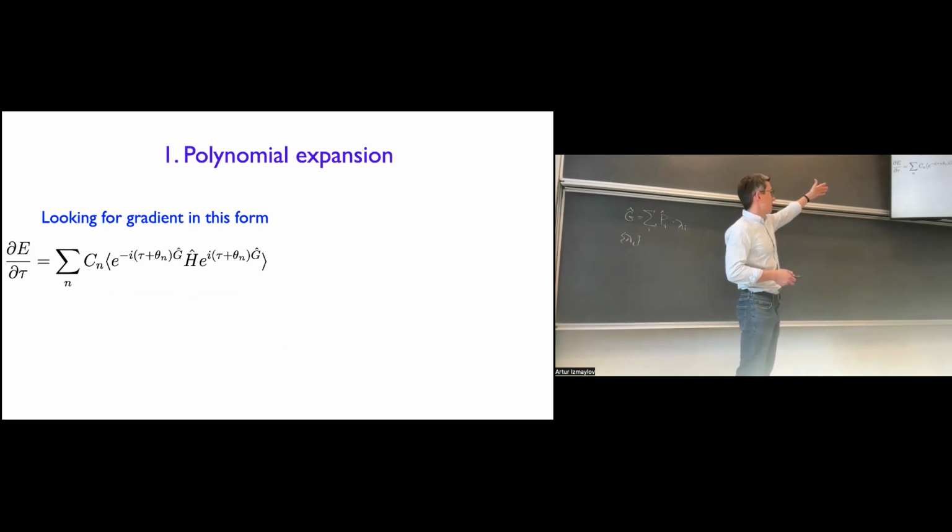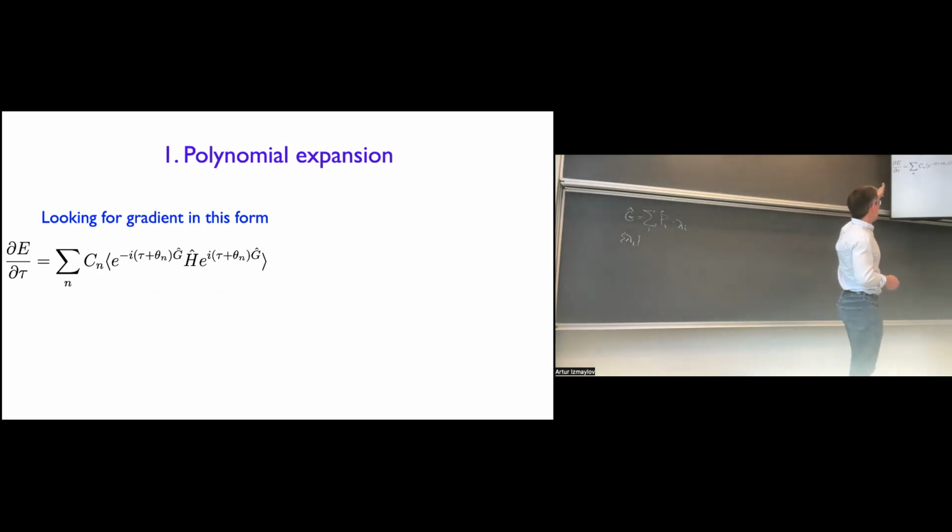What's going to be the result of this formula for the gradient is simply a linear combination of expectation values that are written there. Effectively, if we want the gradient of energy at, say, an amplitude of tau, we need to add theta n shifts and then differently shifted expectation values with some coefficients C_n, right?